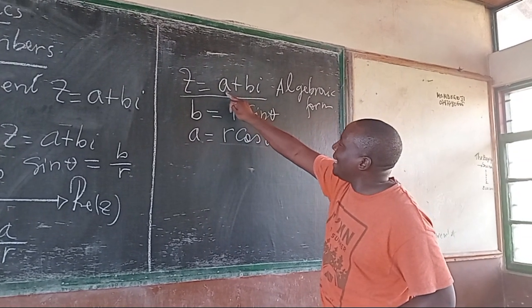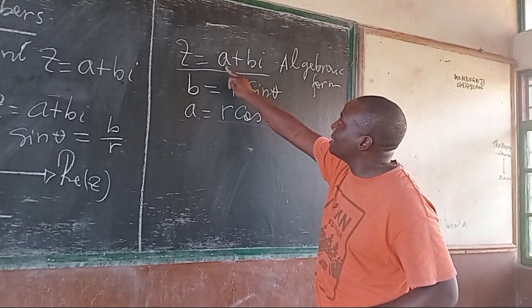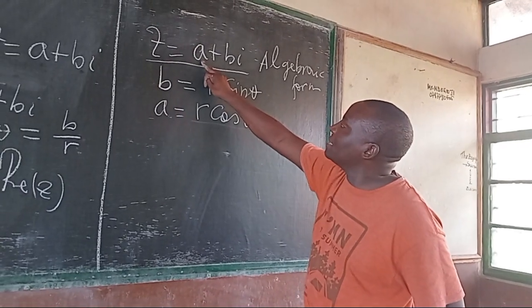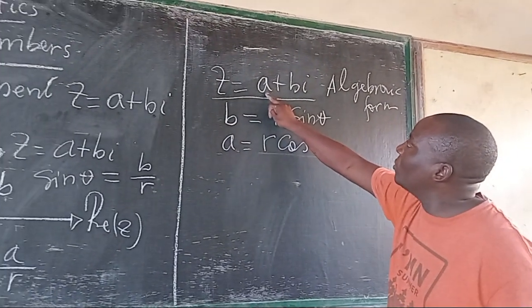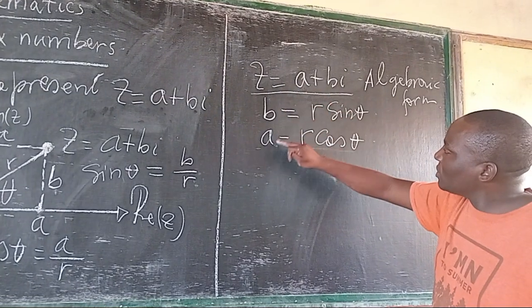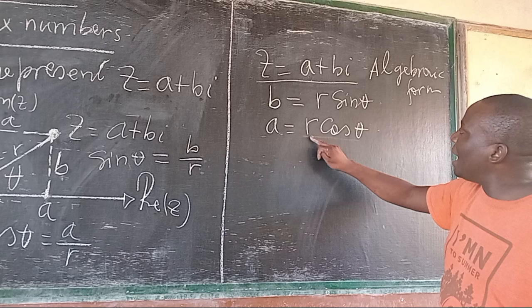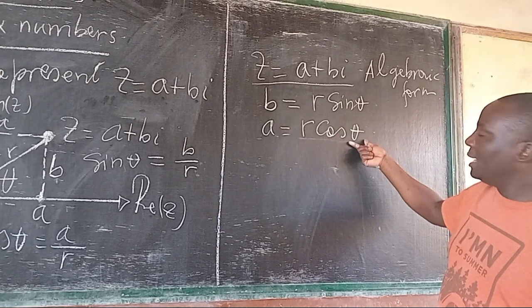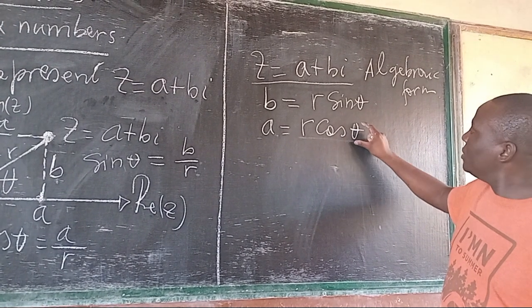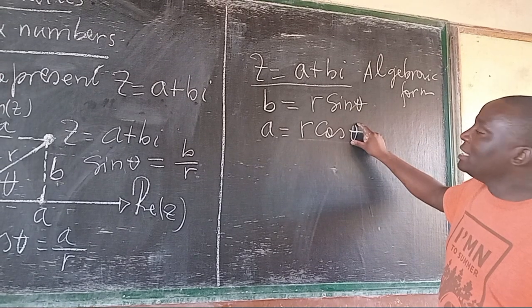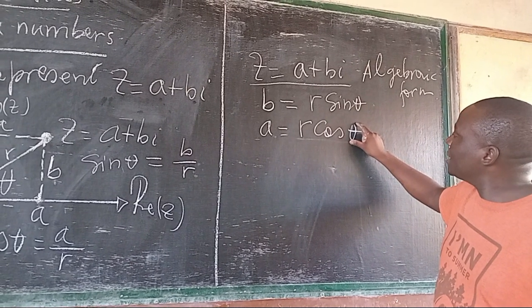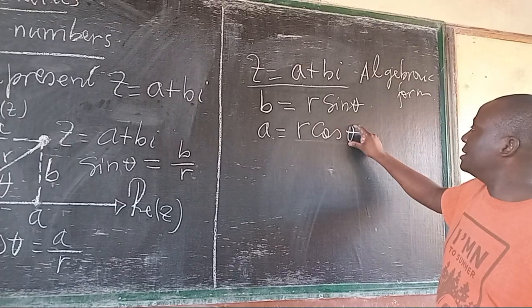Here A stands for the x-axis, or A stands for real part. The real part of a complex number Z must be equal to R cosine of an angle theta. And it is known this angle theta is called the argument of our complex number.